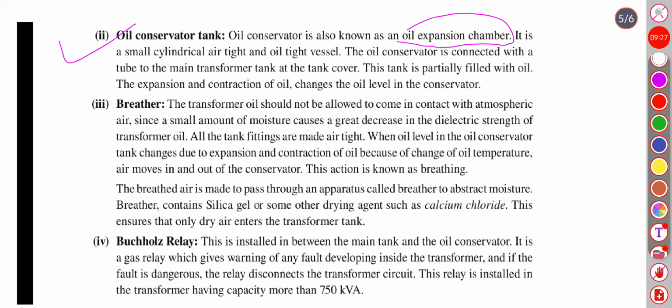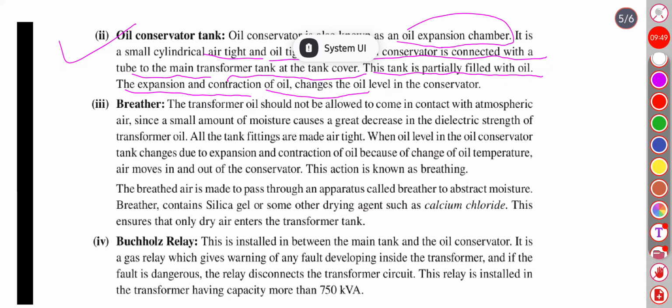It is a small cylindrical airtight and oil tight vessel. The conservator is connected with a tube to the main transformer tank at the tank cover. This tank is partially filled with oil. The expansion and contraction of oil changes oil level in the conservator.